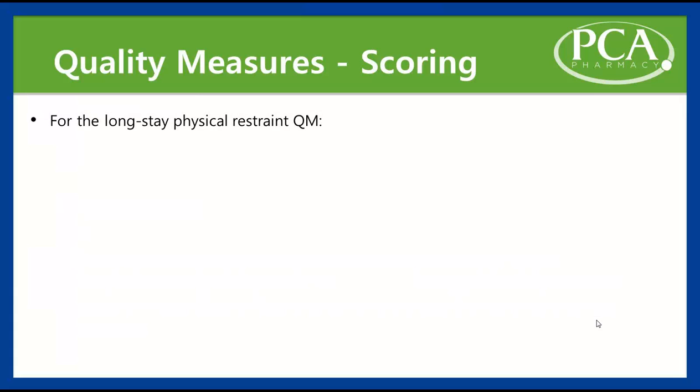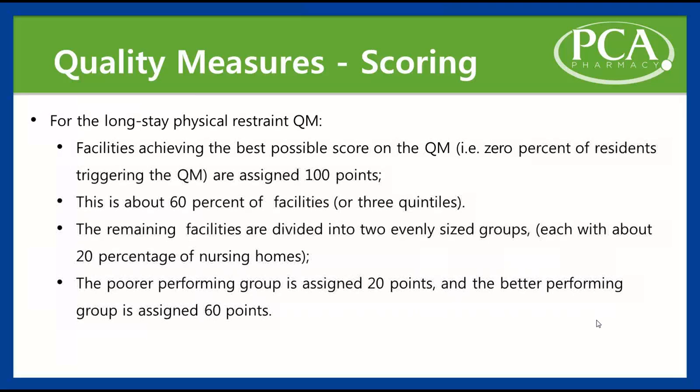For the long stay physical restraint, facilities achieving the best possible score on the quality measure, which would be 0 residents with a physical restraint, get 100 points. That's about 60% of facilities, or 3 quintiles. So they couldn't divide out the scores like they did with the previous screen. The remaining facilities are then divided into 2 evenly sized groups.